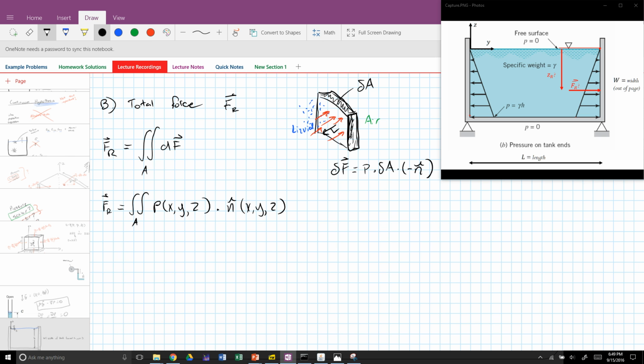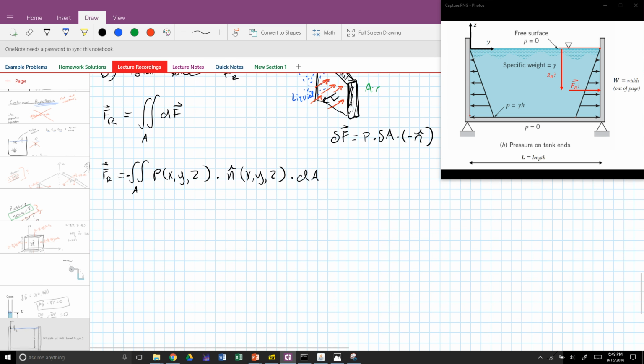Okay, times the dA, and remember that the differential force is actually equal to negative P times this differential A times normal, so we'll move this negative sign out front to account for the fact that the pressure and the normal point in different directions. So in the case under consideration, since the normal points in the negative j direction, we're going to write this as the resultant force is equal to negative integral over the area of P(x, y, z) times negative j dA.